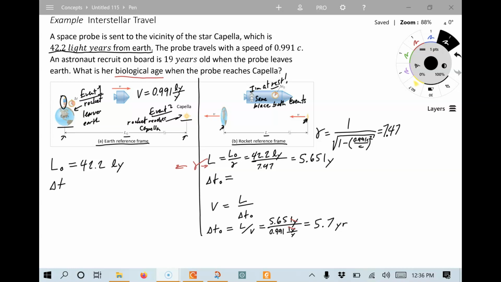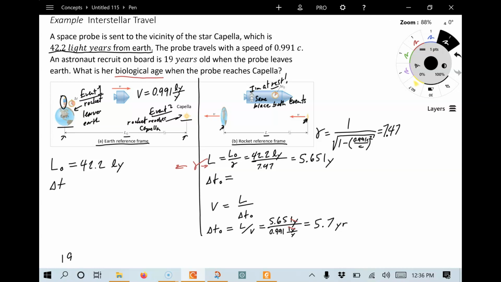Well, she started out at 19 years, and the trip took 5.7 years on her clock. So she is 24.7 years old. And that's our answer.